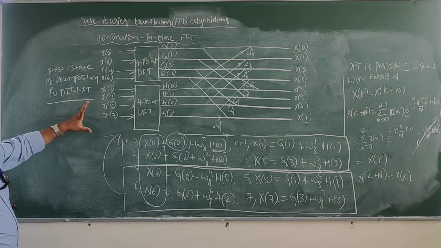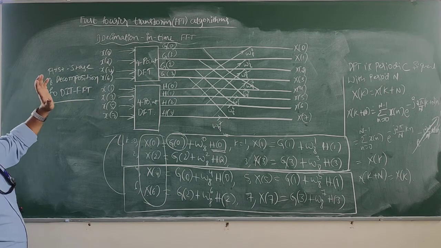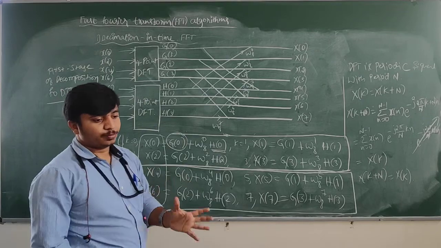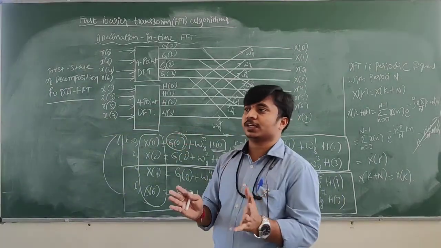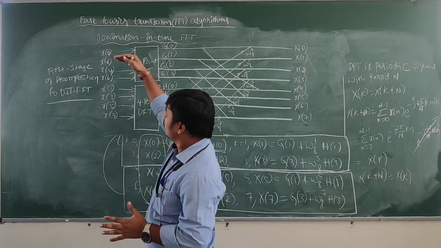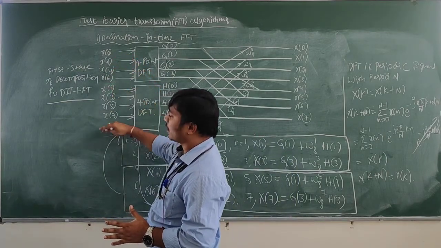So what happened here? We have considered the 8-point sequence x of n and we have split that into two sequences, one is an even sequence and another one is an odd sequence.